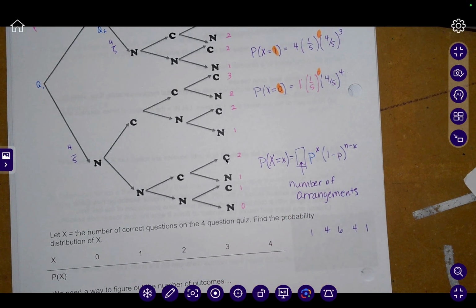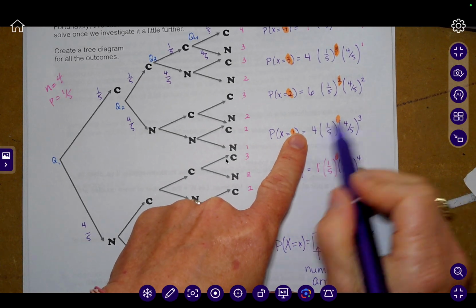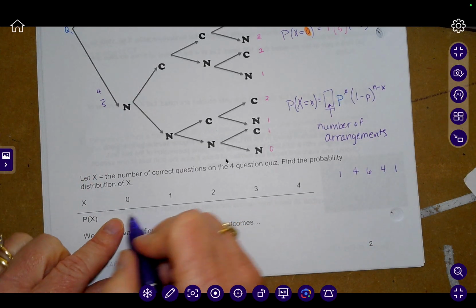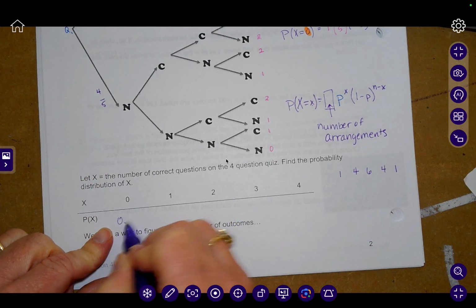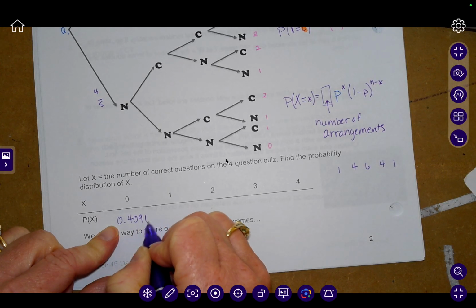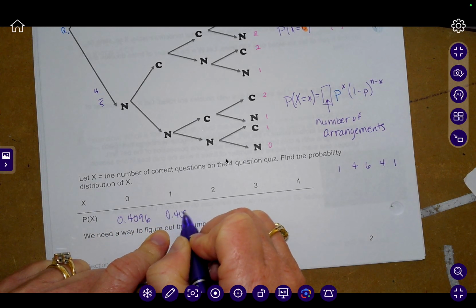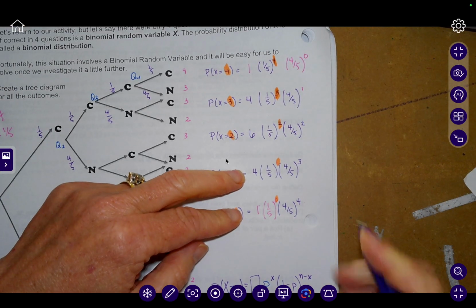So you might remember these numbers right here. Actually, before I do that, let's come back here. If I did the math here and I worked all this out, the probability of 0 correct is pretty high. The probability of 1 correct, these actually end up being the same.